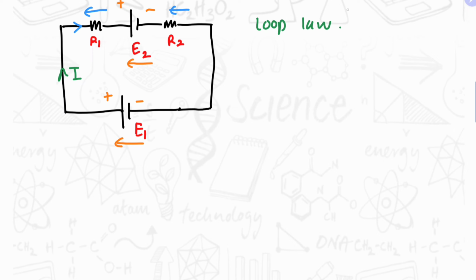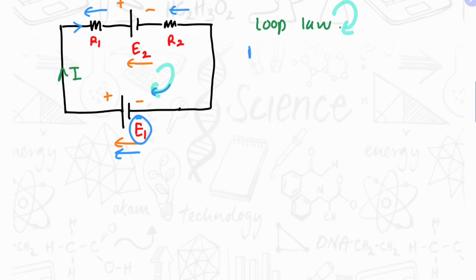Now let's apply the loop law. I'm applying it in the clockwise sense. Here, if we consider the E1 potential, it will increase in the same direction as the sense I have considered.